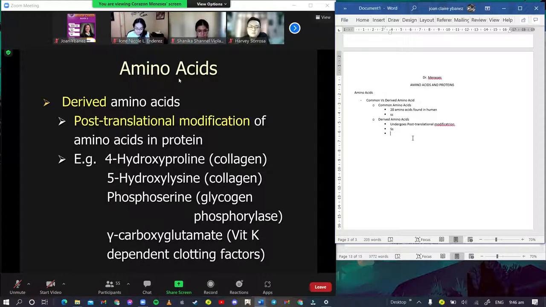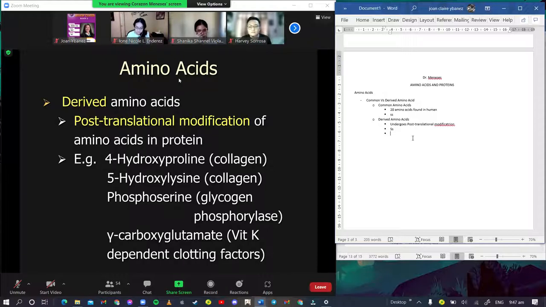So how many carboxyl groups do you have in glutamate? How many? You have alpha, right? Okay, we will encounter this when we go to the different types of amino acids. So we have the gamma-carboxyglutamate.